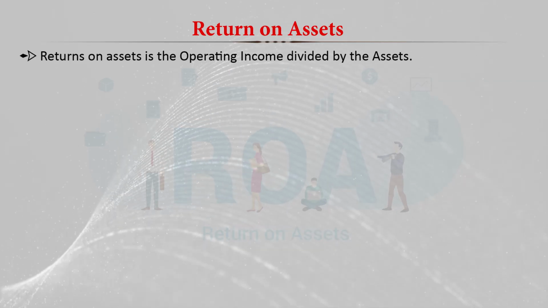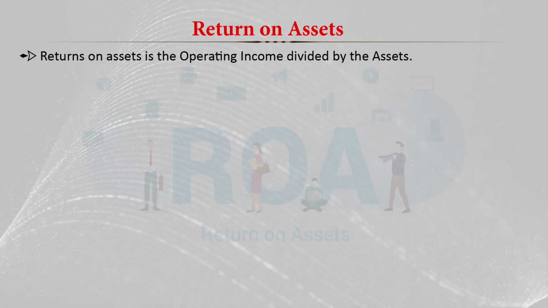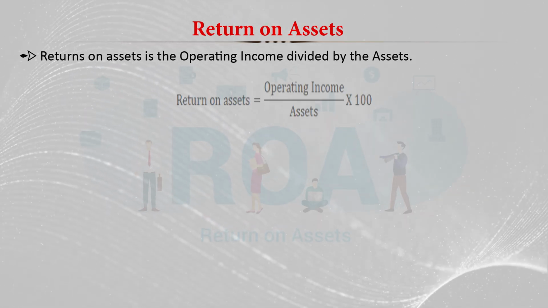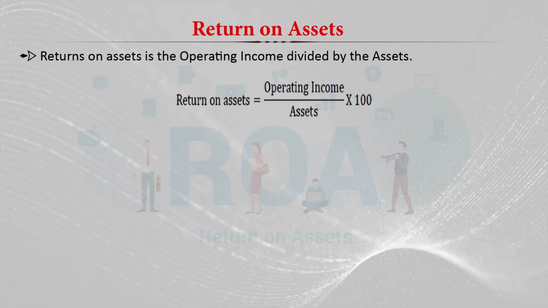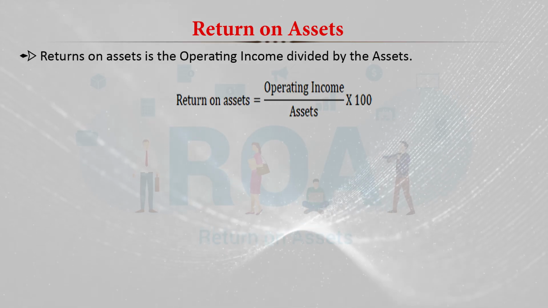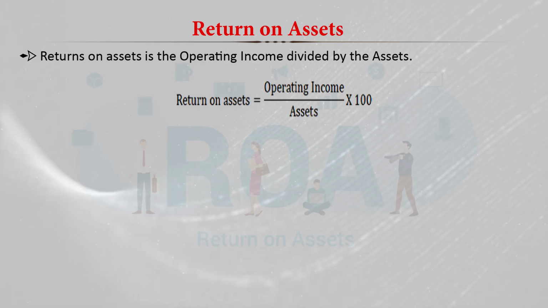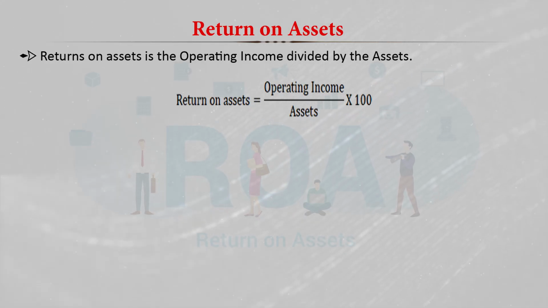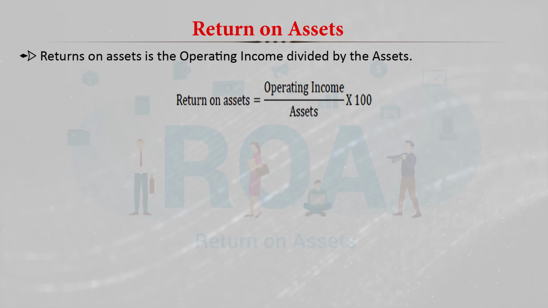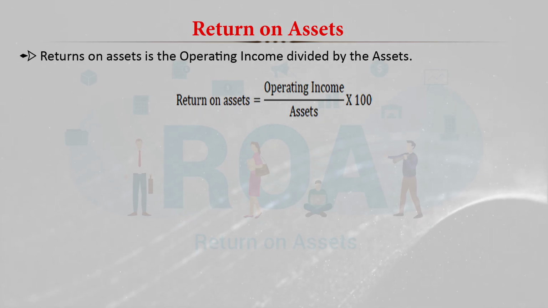Return on assets is another income ratio, and we can calculate it by dividing the operating income by the assets. It shows how much operating income we are getting by having total assets in a firm.